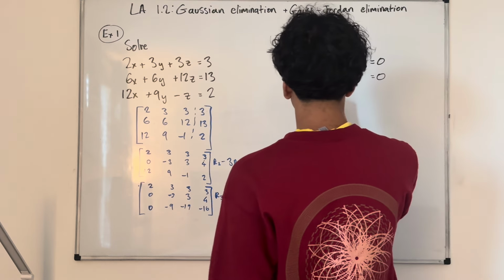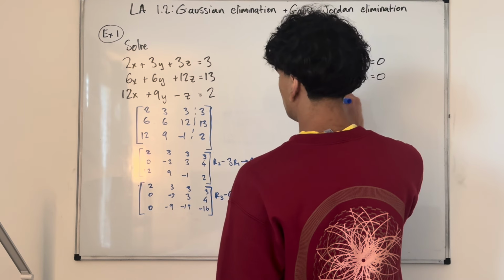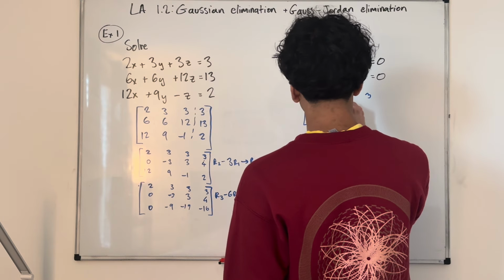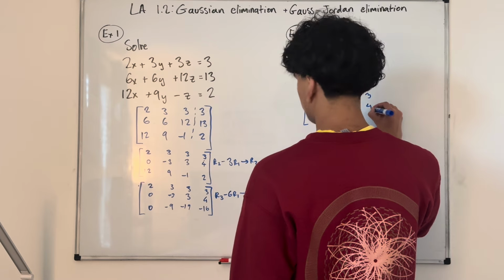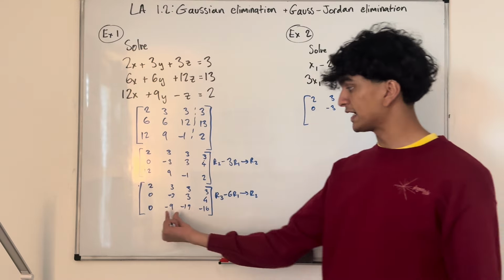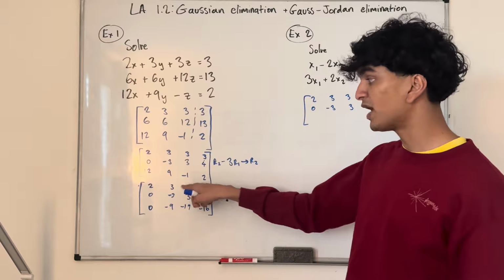So let's just go over here and use some of the space. I'm going to have 2, 3, 3, 3, 0. So -3, 3, 4. Now, here's the deal. If I want to get rid of this -9, you might think, hey, I have a +3 here.